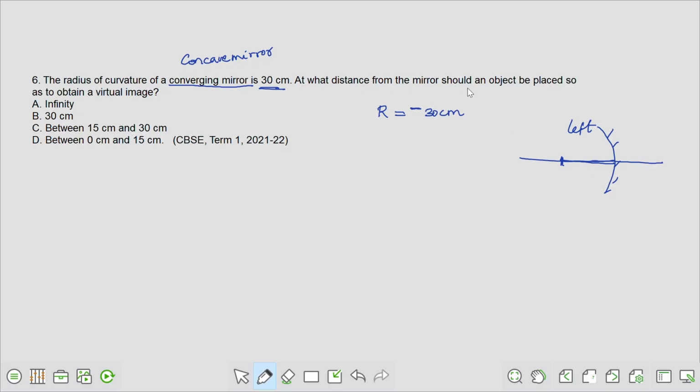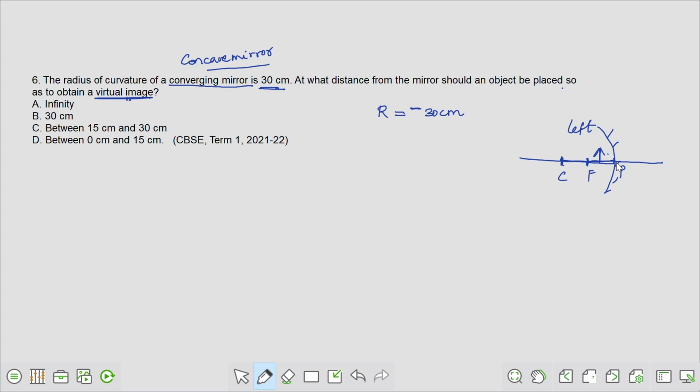Now, at what distance from the mirror should an object be placed to obtain a virtual image? We know that for a concave mirror, you will get a virtual image only at one position. What is that? Yes, between F and P. This is the only position where you will get a virtual and erect image.